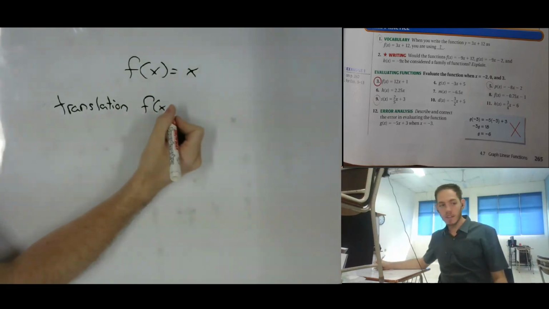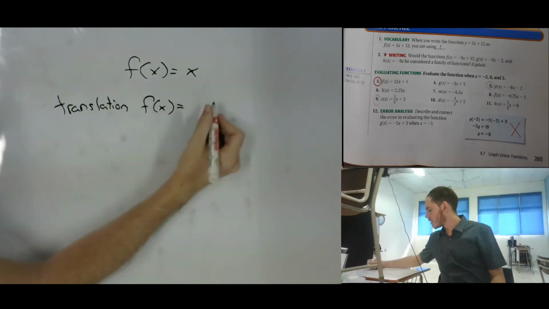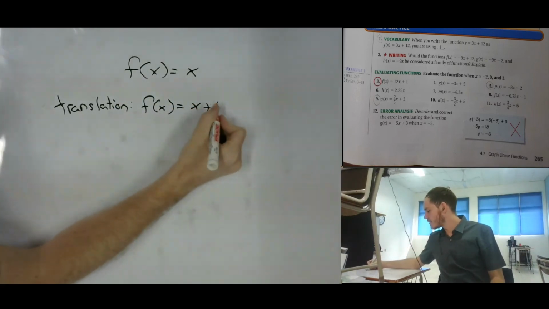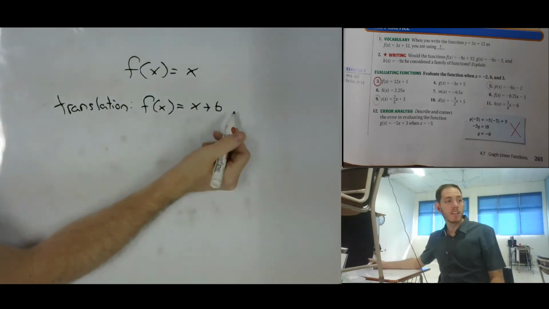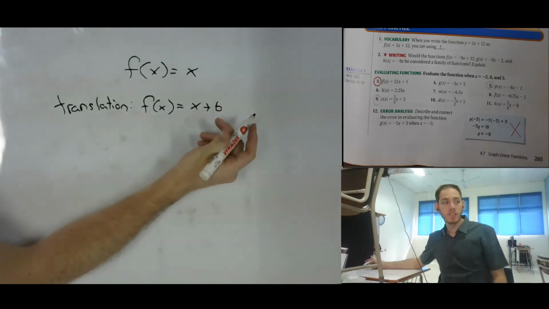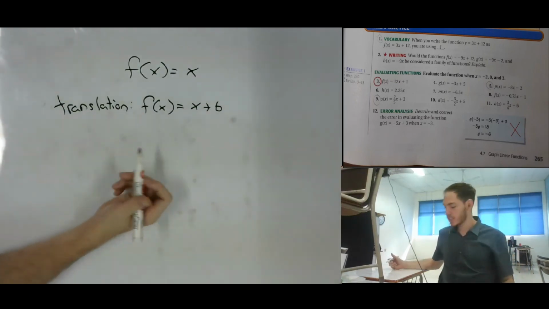We added something, okay? So f of x equals x plus b, right? Some letter, either some number, positive or negative. That's a translation. Positive is translation up, negative translation down.